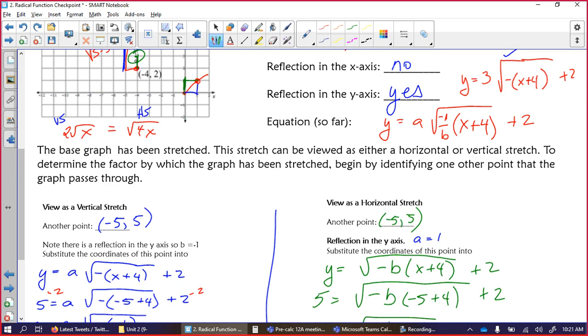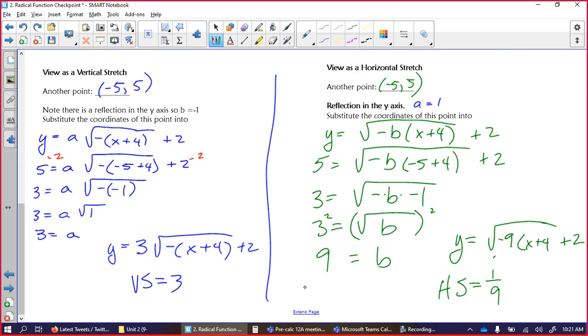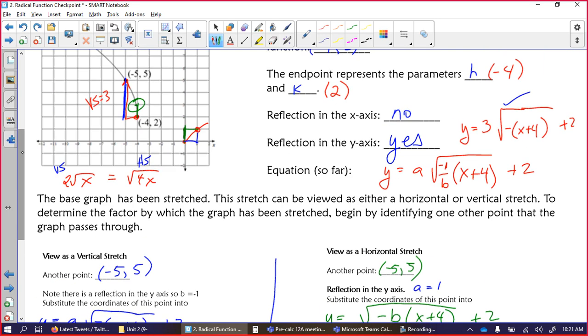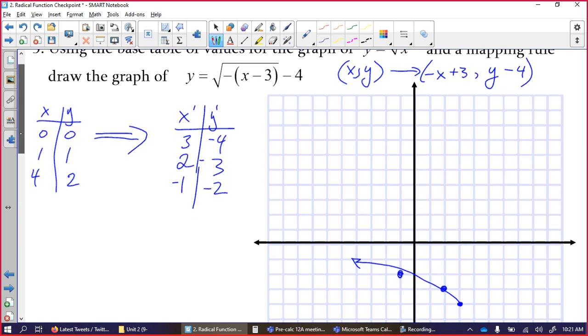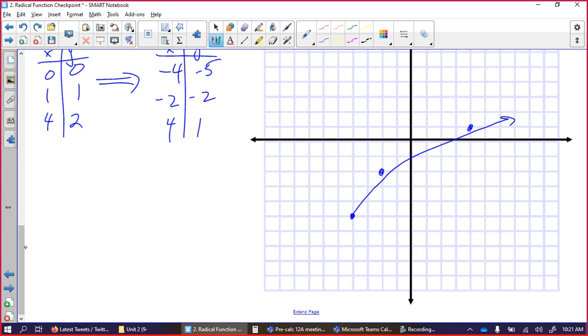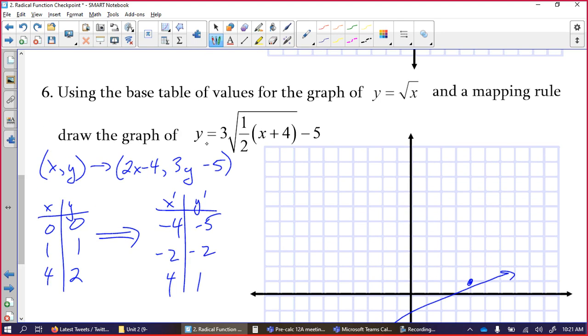Does that little bit, I can conceivably say it's 1 over 9. Both are identical. One is no more right than the other. With this graph that we looked at over here, we would list this as a vertical stretch of 3, a horizontal stretch of 2.